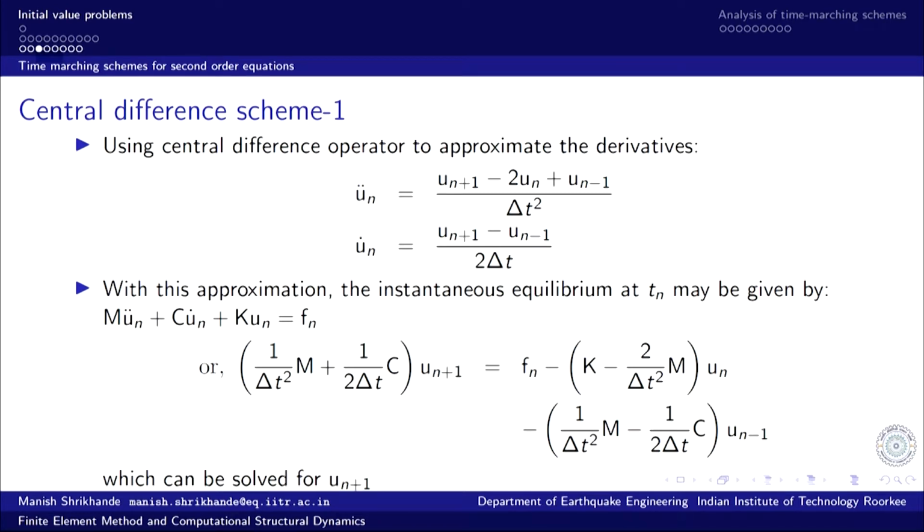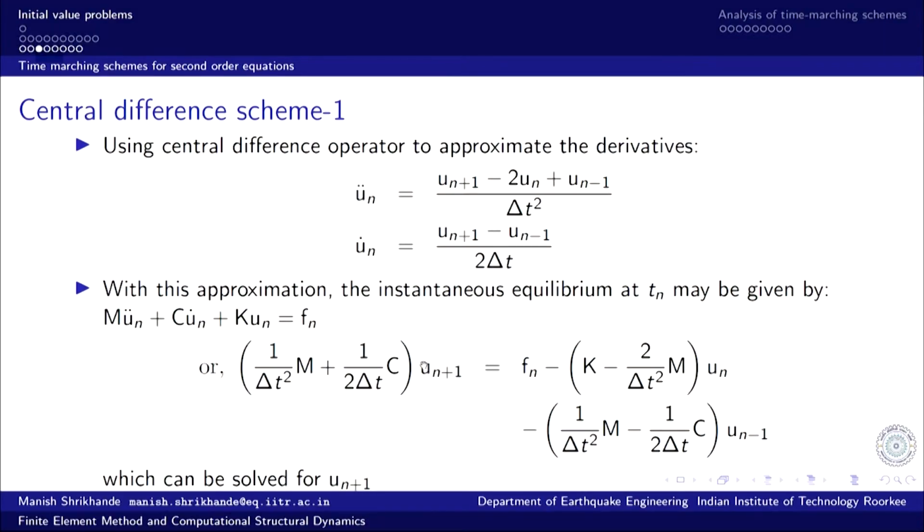And this is particularly advantageous if the damping is very small such that it can be ignored in comparison to the mass term, and if the inertia term can be modeled as a lumped mass model using some kind of lumping procedure. If it is a diagonal matrix, then the solution system becomes very trivial, because it is explicit.